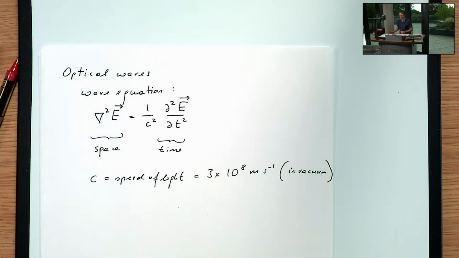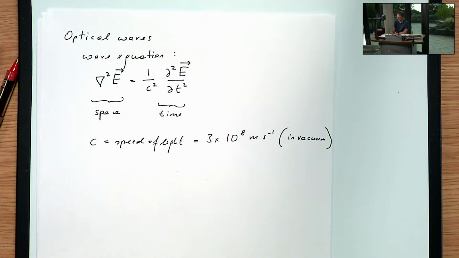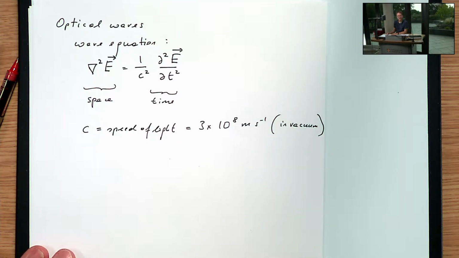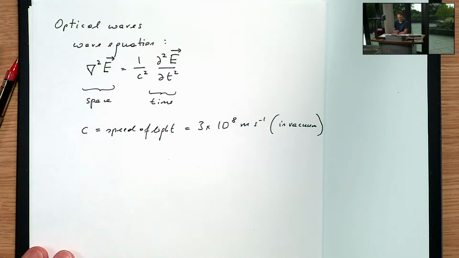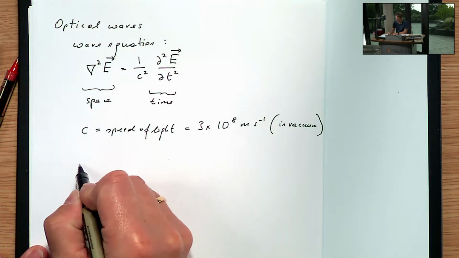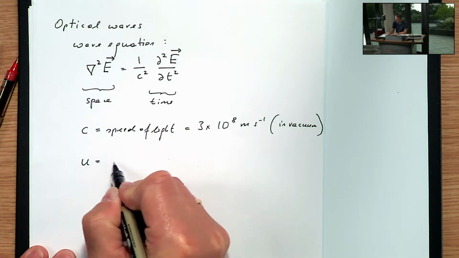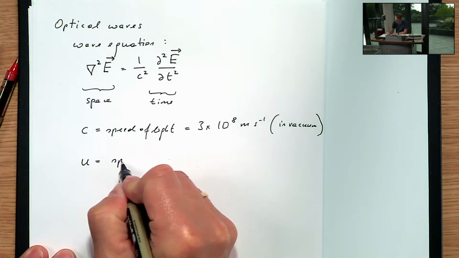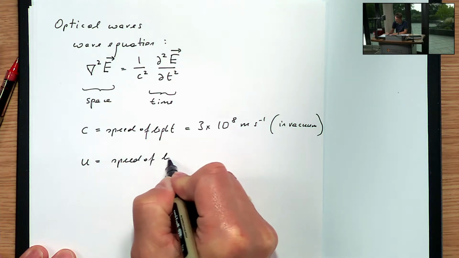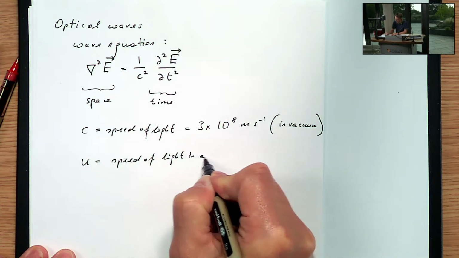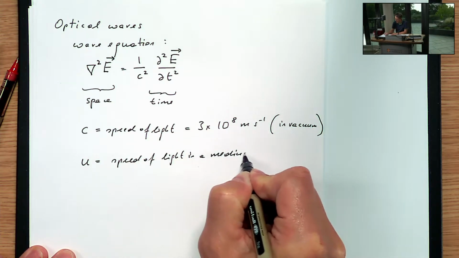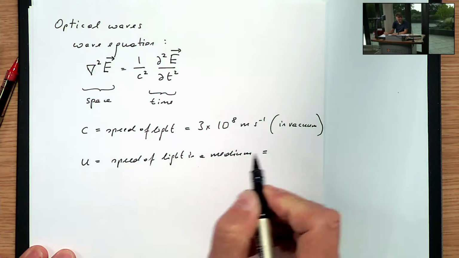It turns out that in a medium, if you, for example, have light propagating in air or through water, then we denote u as the speed of light in a medium.